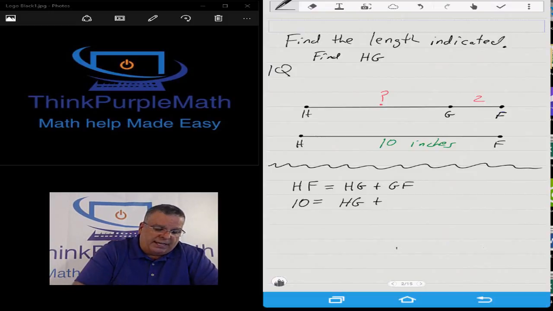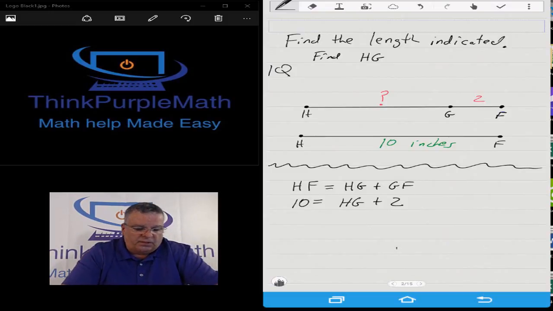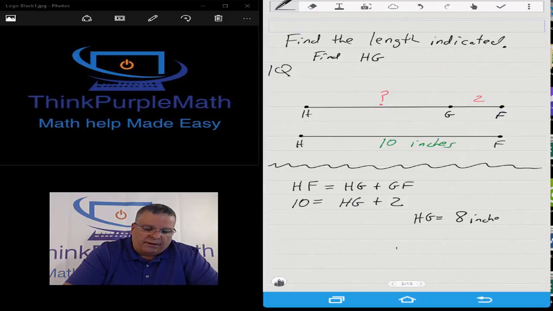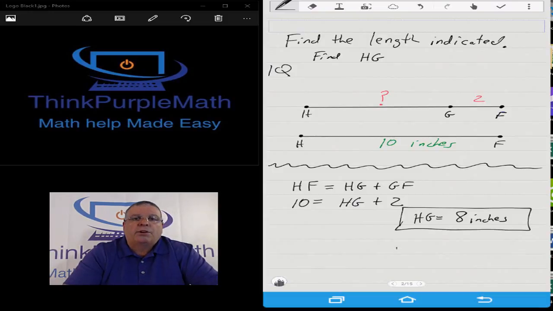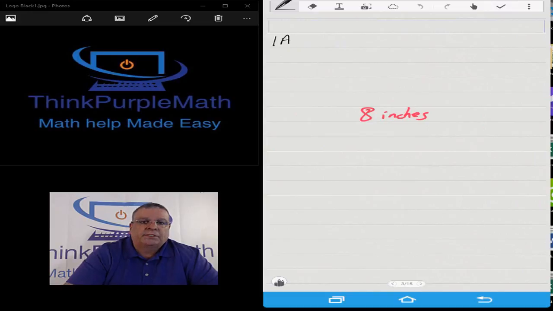GF was given to us, and that is 2. So that means HG plus 2 is equal to 10. We're going to use mental math and determine that HG is 8. And since we have a unit listed there, to be more correct, we're always going to make sure to label our unit. HG is 8 inches.